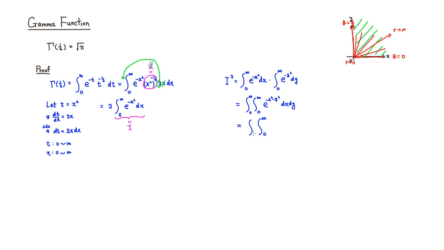So we know that theta goes from 0 to pi over 2, right?